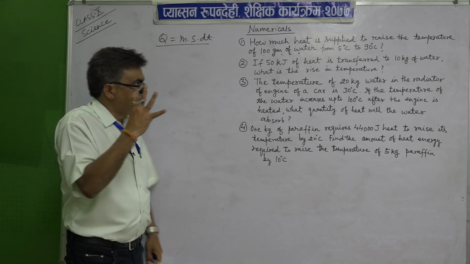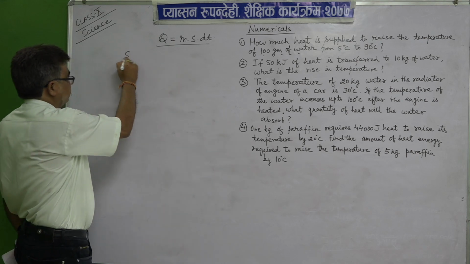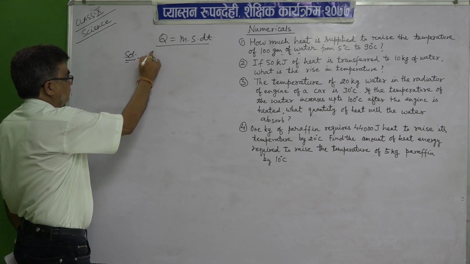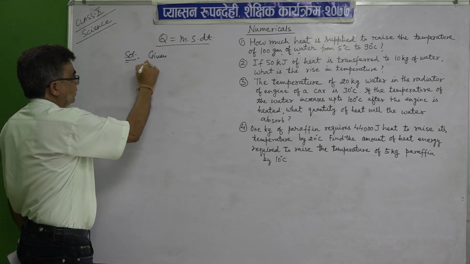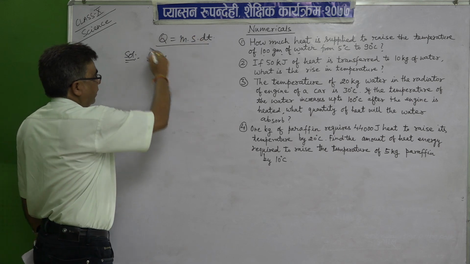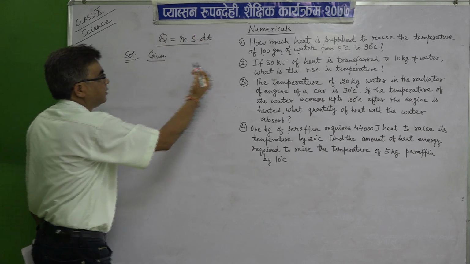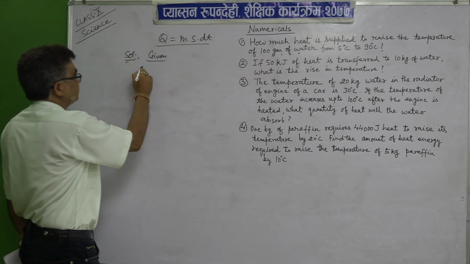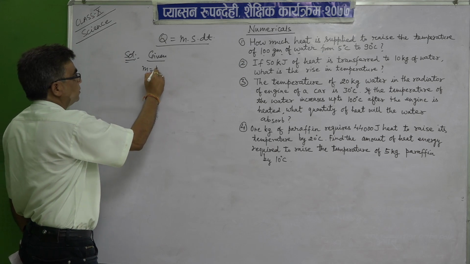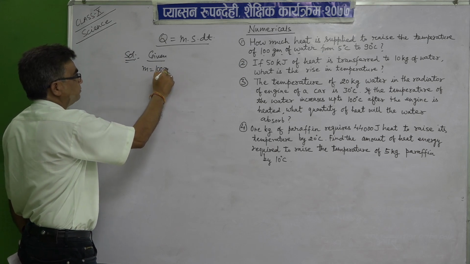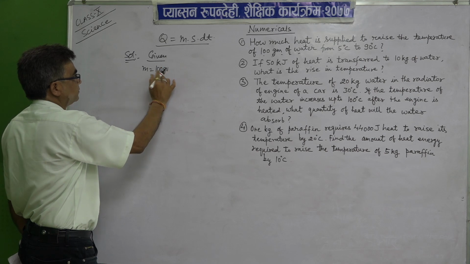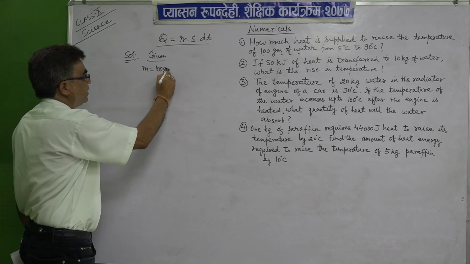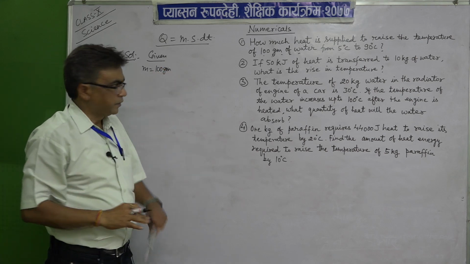So, what is given here? Given, m equals 100 gram. You can write only g or gm, the same thing.